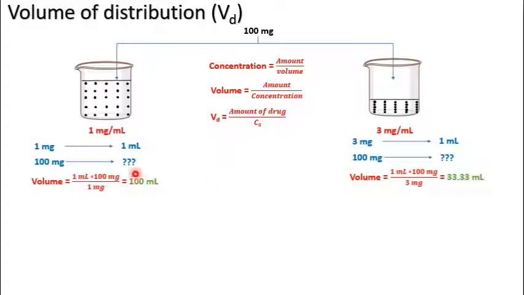Suppose that, for example, in this beaker on the left, our substance settled here, at the bottom of the beaker. And we took the 1 milli sample in which we measured the concentration. We took it from the bottom of the beaker.